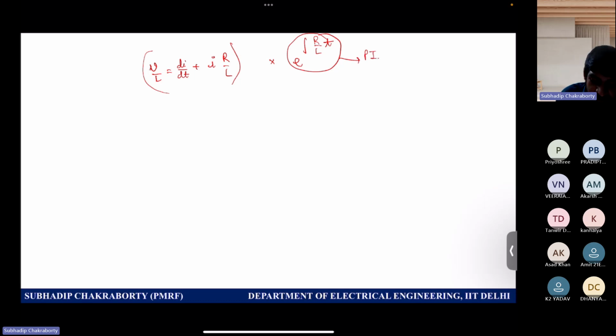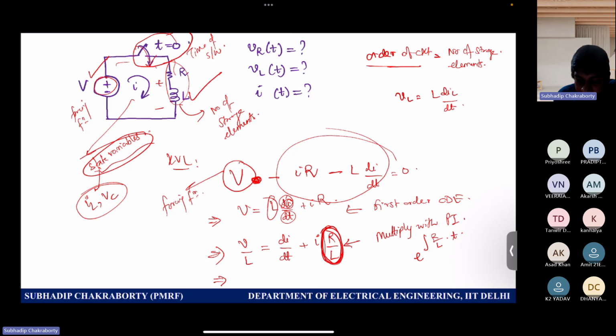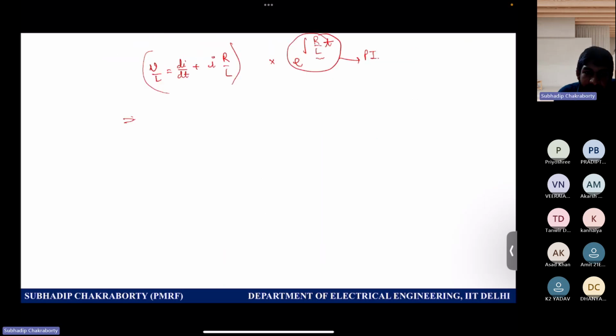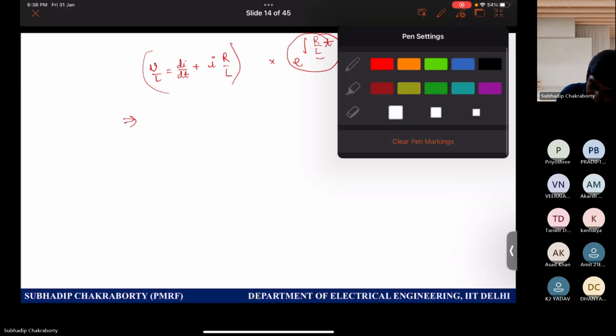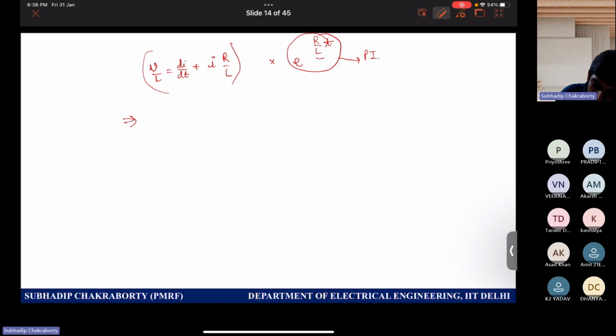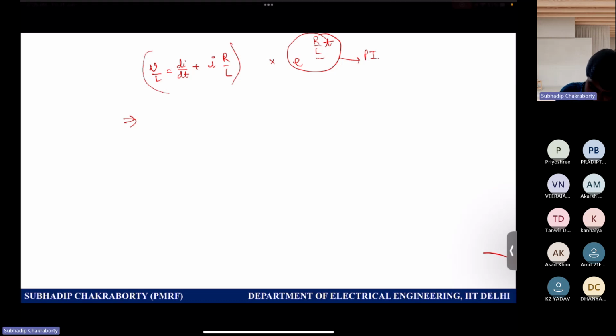Using the coefficient of the term sitting with I. Why we multiplied both sides, you will come to know now. So this integration term will not be there, e to the power R/L times t. Integration we will do after some time.